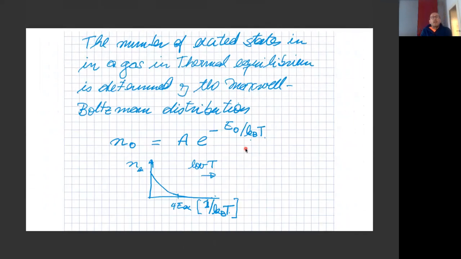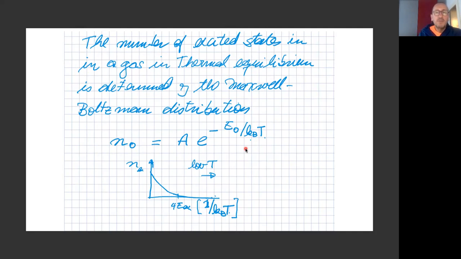So let's think about the number of excited atoms in a gas in thermal equilibrium. I don't know if we have seen this before in the previous sections of the course, meaning in physics 130 or something about thermodynamics, but you don't need to.